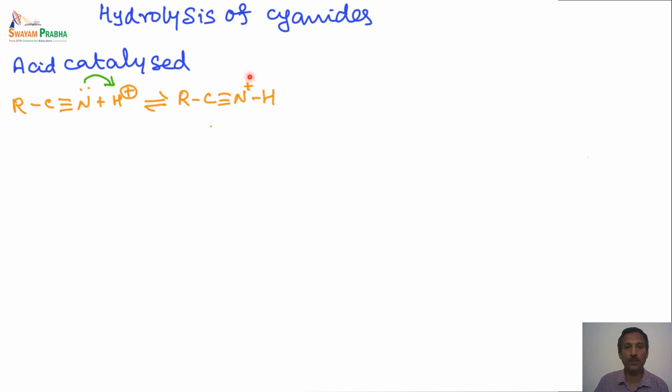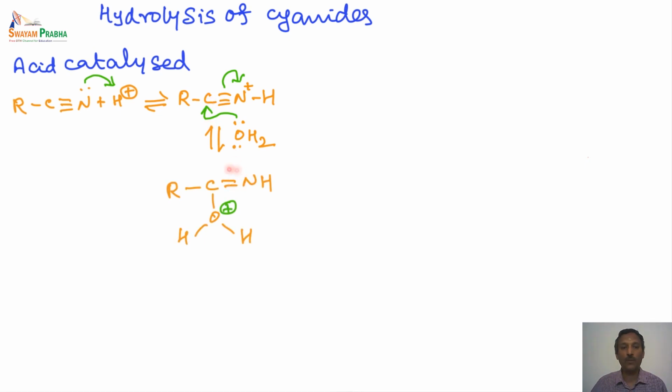So this nitrogen now pulls the electrons towards itself. So this C triple bond and one of the pi electrons are pulled towards the nitrogen, and now this carbon becomes electron deficient. To compensate for that, a lone pair from the oxygen is given to the carbon. So we end up with this particular intermediate.